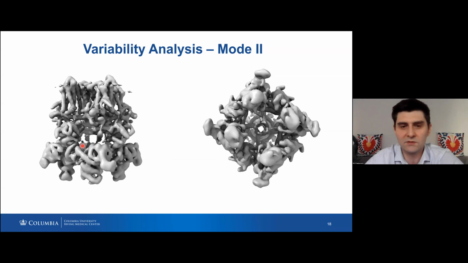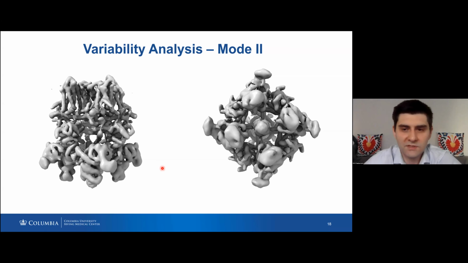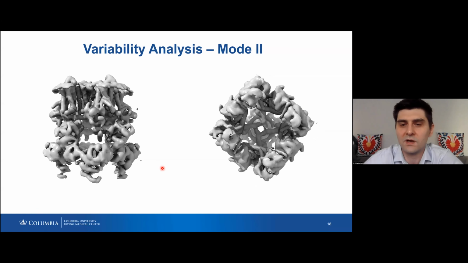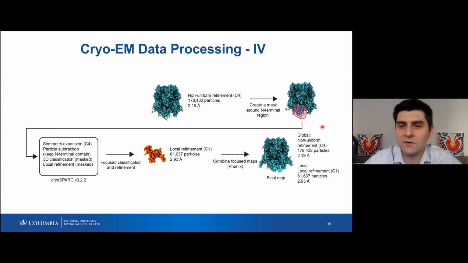So what we can do, of course, is go back to our processing, and what I did was create a mask around the N-terminal region, the lower part of the channel. After that, I symmetry expanded our particles, did particle subtraction, did 3D classification with a mask around this region, and local refinement.